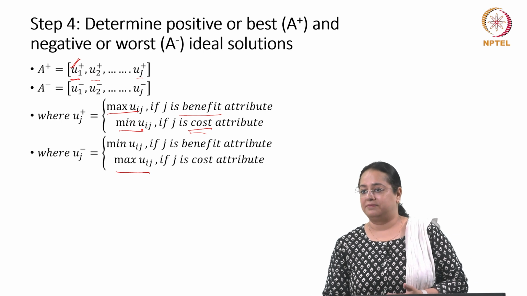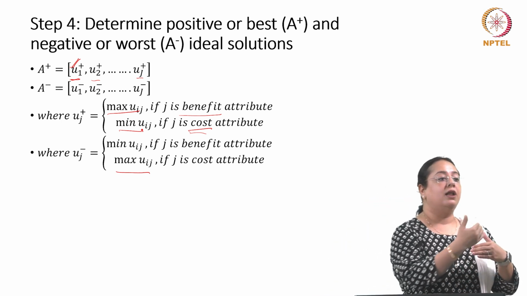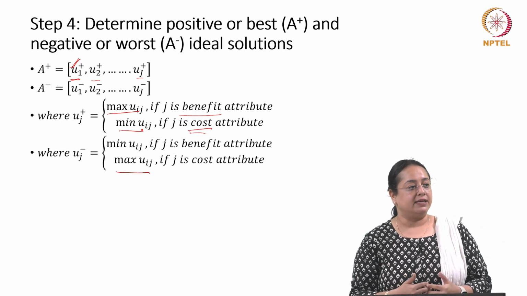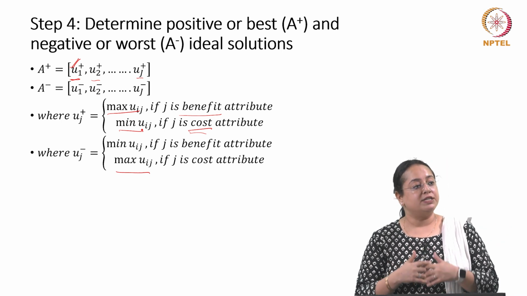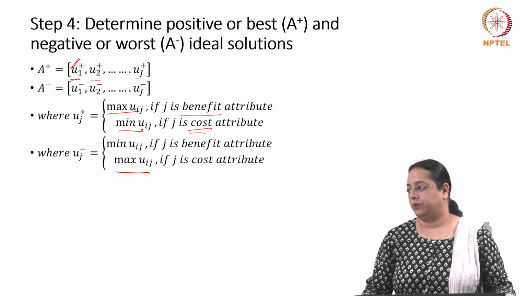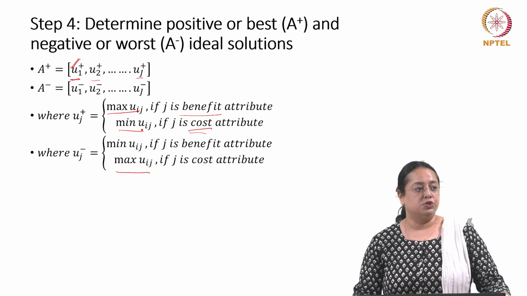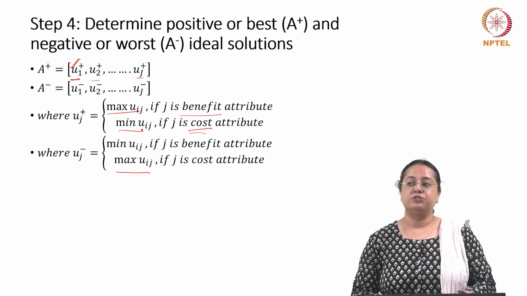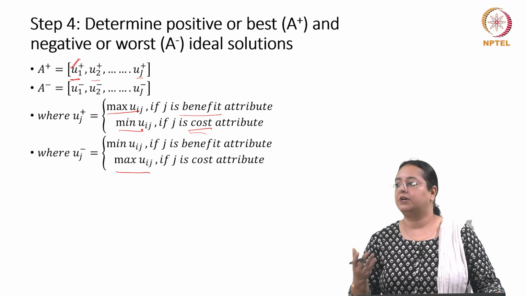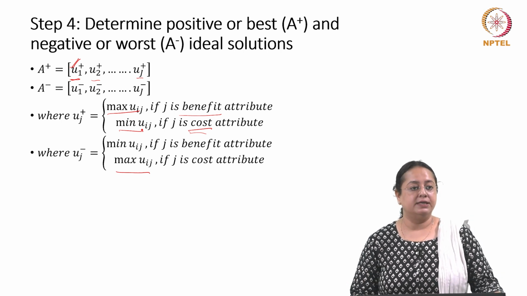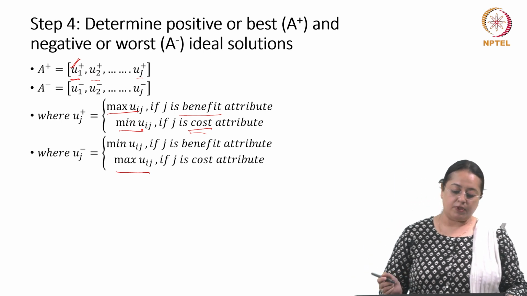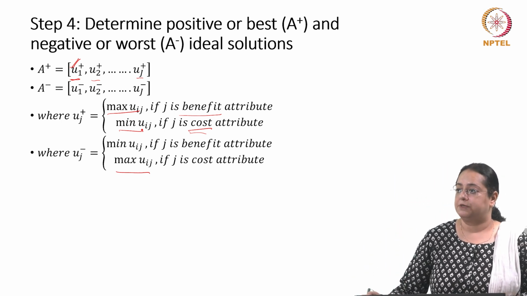If you score lesser the better, then your positive ideal solution should be the minimum value. This is the advantage of TOPSIS over many other multi-criteria decision making models. This is a very important aspect here.